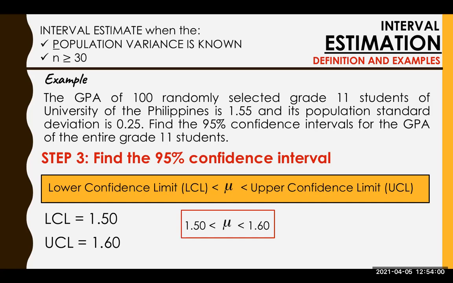So we can say that mu, the population mean, is greater than 1.50 but less than 1.60. That's the 95% confidence interval for this problem. So we can say that the GPA of the entire grade 11 students is approximately between 1.50 and 1.60.